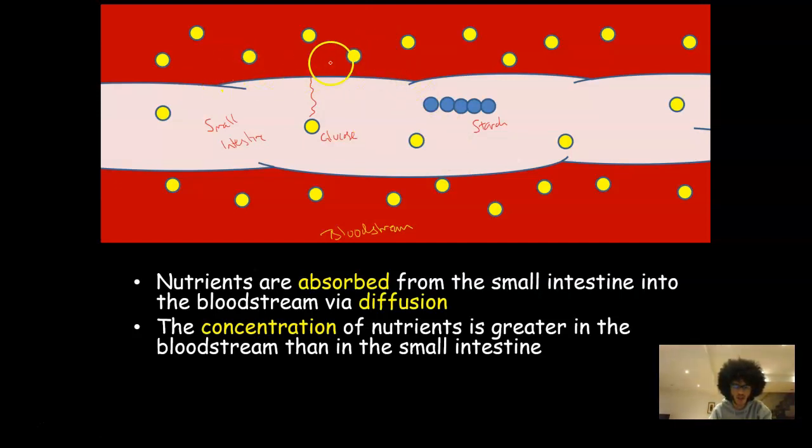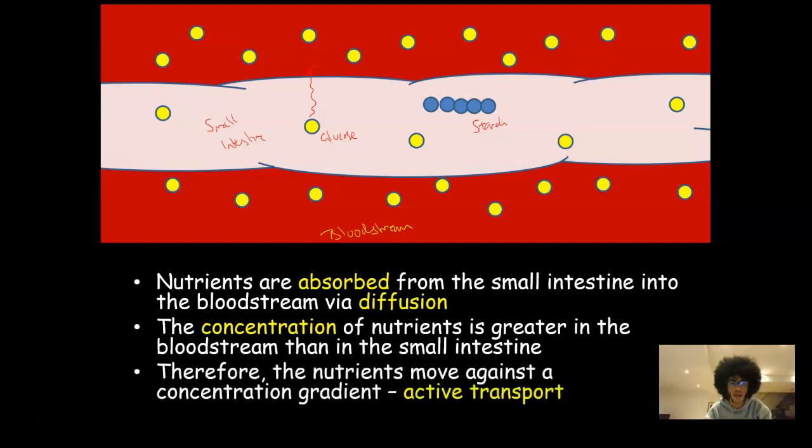So you can see there's lots and lots of glucose in the small intestine here, not so much in the bloodstream. So it can't move by normal diffusion, going from an area of high concentration to low. It has to go against a concentration gradient. So as a result, it has to move via active transport, which requires energy, and the energy can be provided from glucose, which is already in the bloodstream.